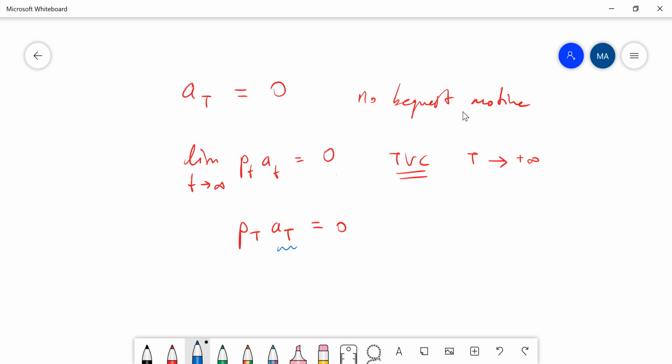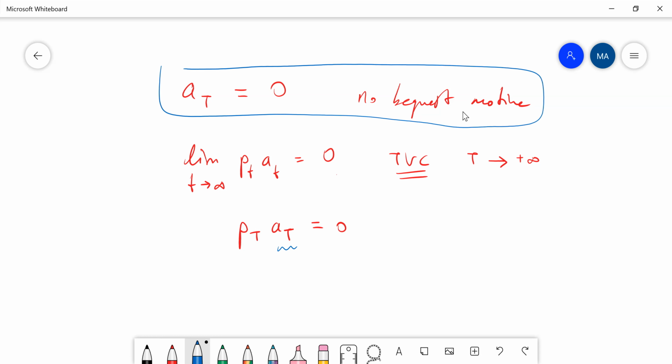Now, this type of condition tells me that, forget about the bequest motive for a moment, as in the static models: if it is valuable, consume all of it. If it is not valuable, you can leave some of it.